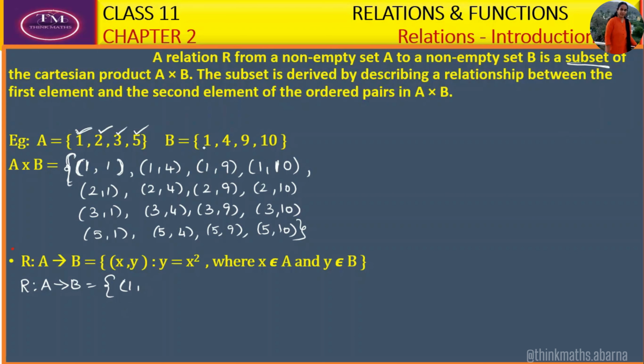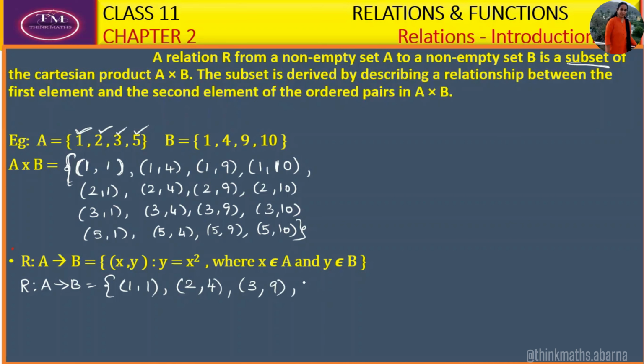Is 1 in B? Yes, it is in B. So we can write (1,1). Next take 2. What is the square of 2? 2 square is 4. Is it in B? Yes. Next take 3. What is 3 square? 3 square is 9, and it is in B.